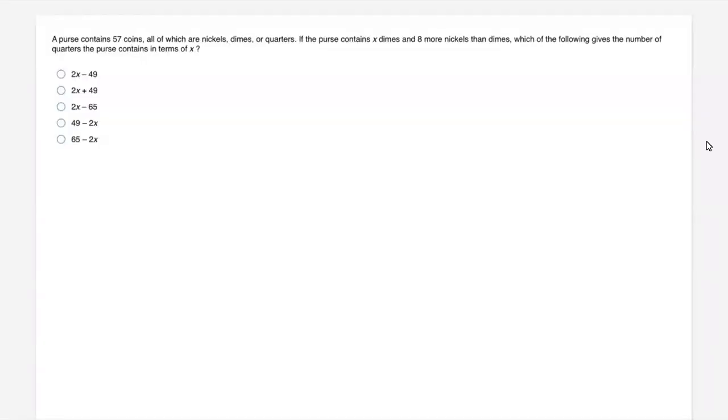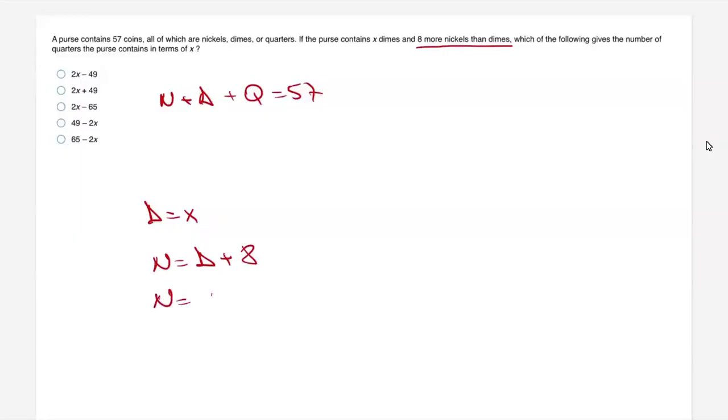The purse contains 57 coins, all of which are nickels, dimes, and quarters. If the purse contains X dimes, okay, D is equal X, and 8 more nickels than dimes, nickels is dimes plus 8.